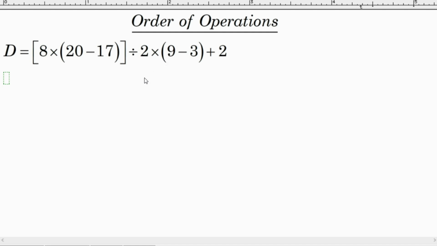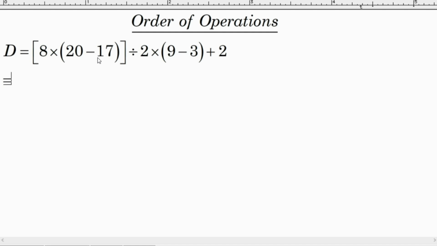So the first thing we need to do is solve the number in the parentheses, which is in the bracket. So we have to calculate the number in the parentheses here: 20 minus 17 equal to 3.